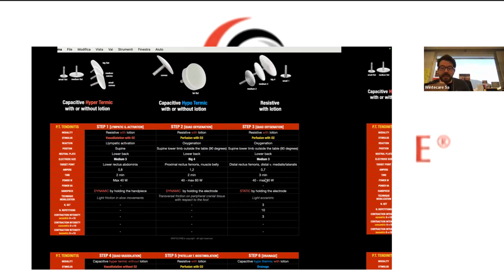Static, holding the electrode. In this case we are not moving the electrode that much, but we stay there so that the flow of charges works for us. But we can combine some light eccentric extension, so that the muscle contraction will call even more blood.